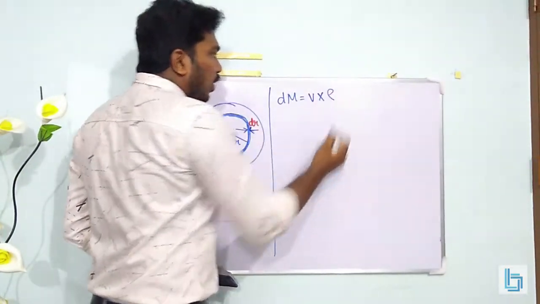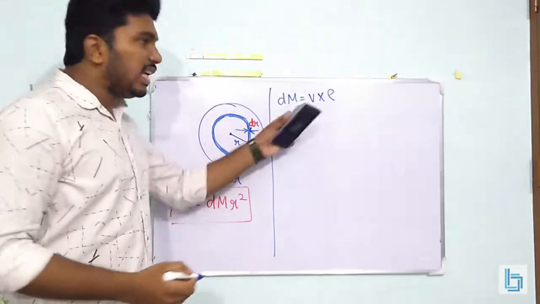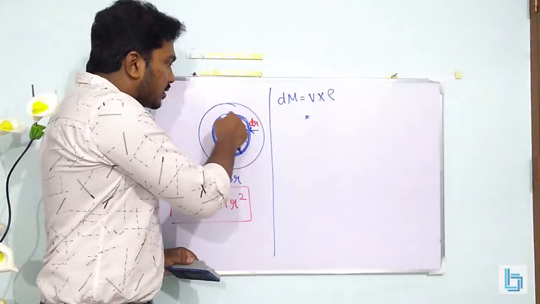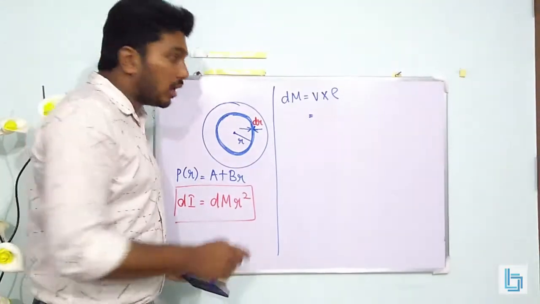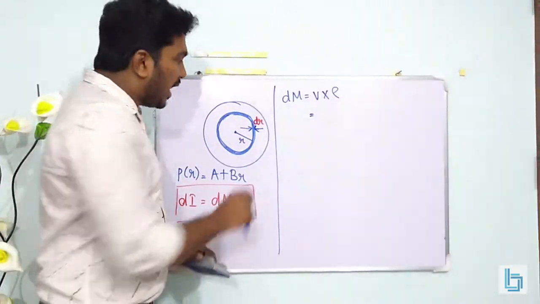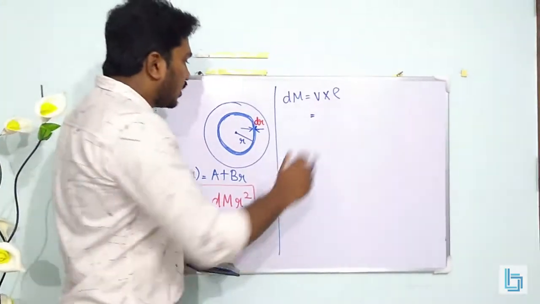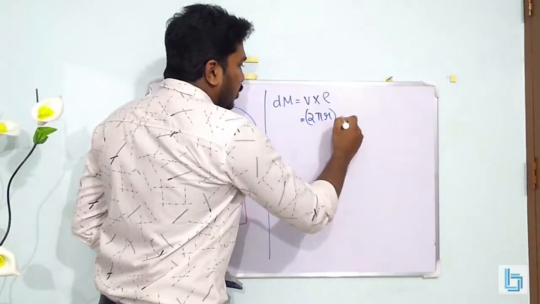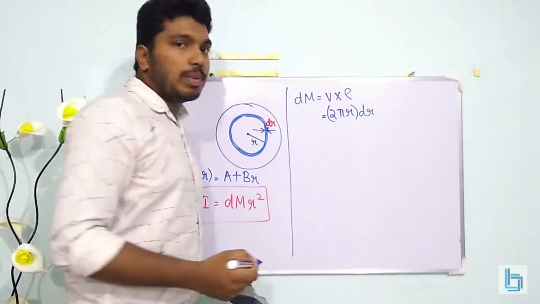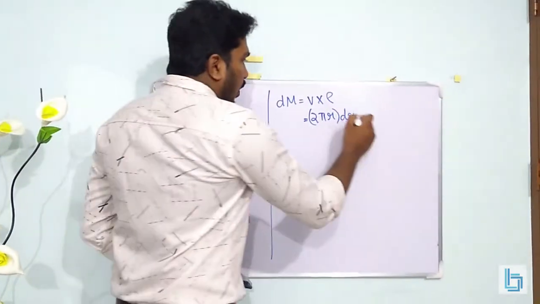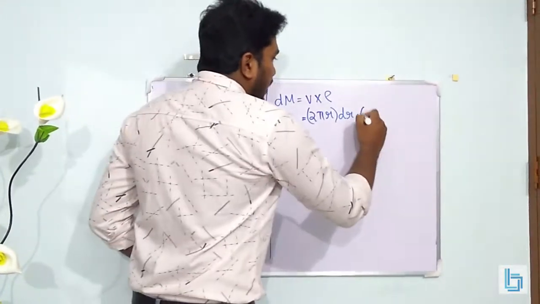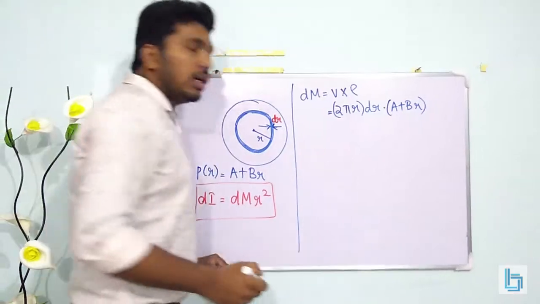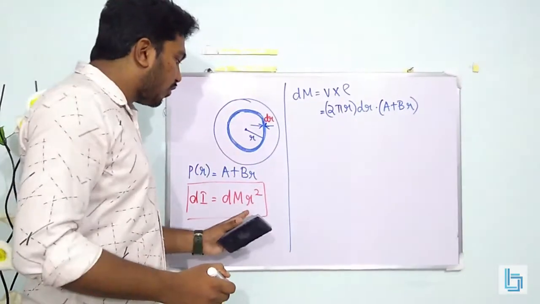Therefore, for dm, the circumference is 2πr because the radius is r, and the thickness is dr. Therefore, volume corresponds to 2πr dr. And the density is a + br.